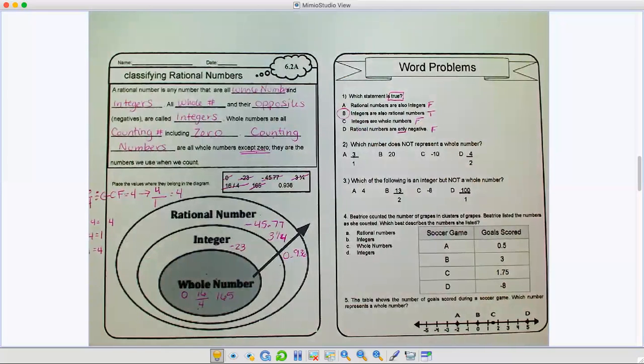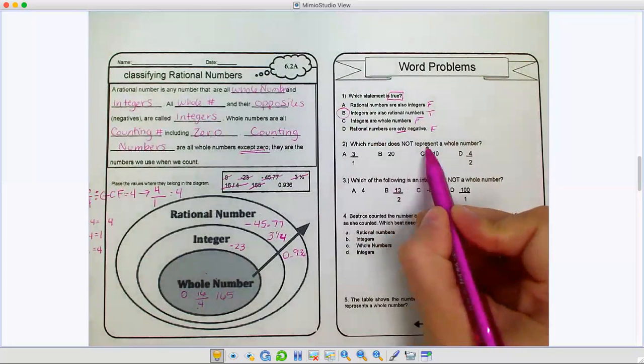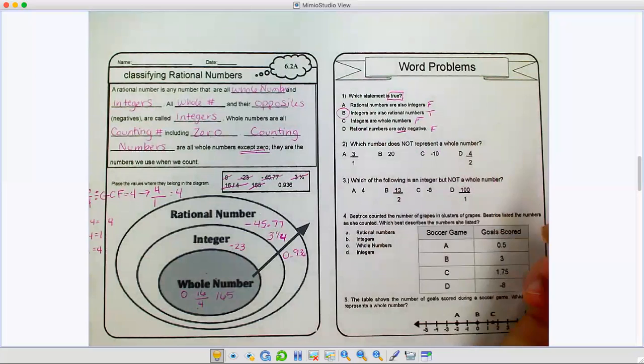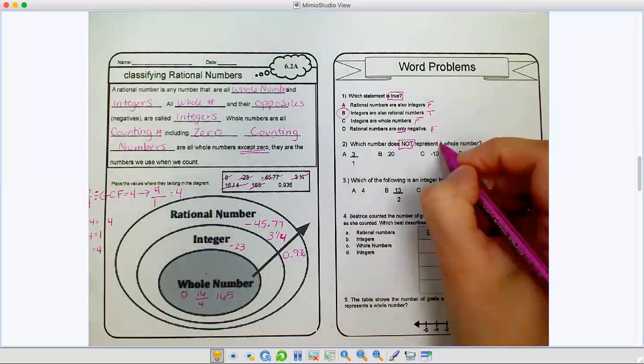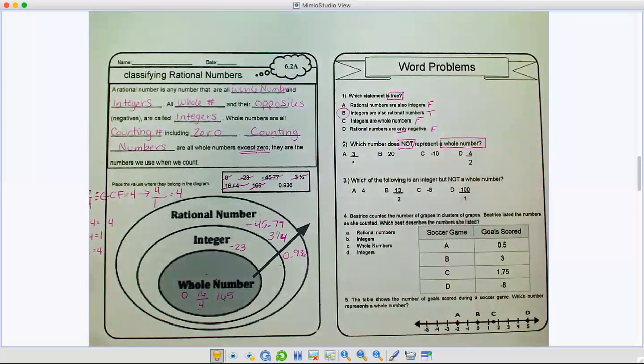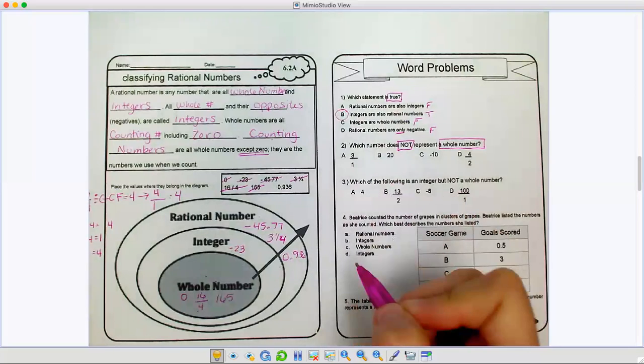Moving through this, number 2, it says, which number does not represent a whole number, okay? So we have 2 keywords here, not and whole number, okay? So that means we're going to eliminate anything that is a whole number. If I look at letter A, it gives me 3/1.